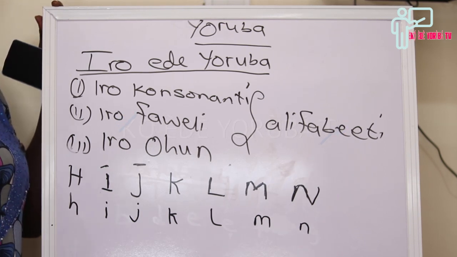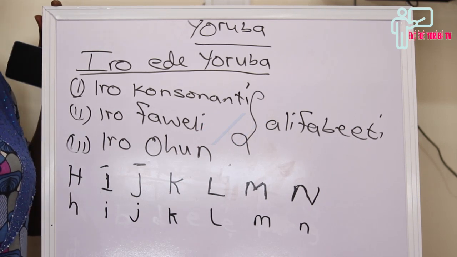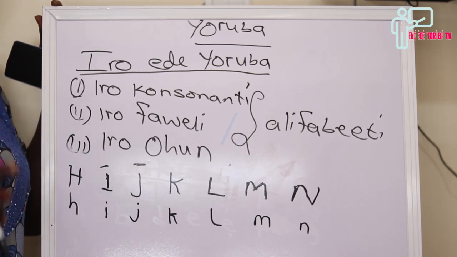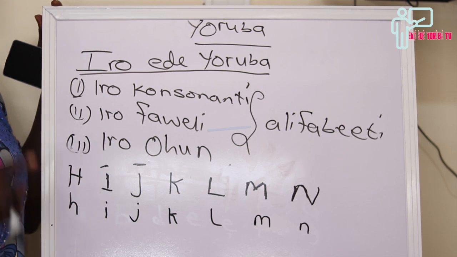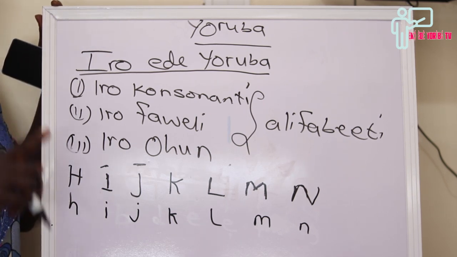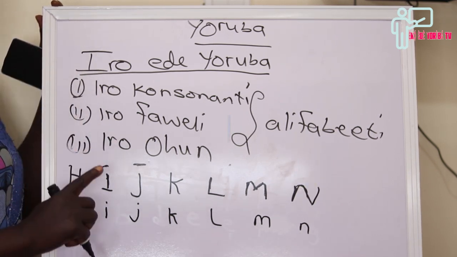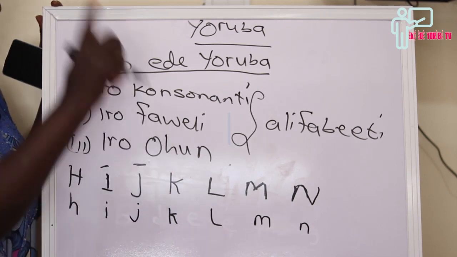Hope you understand. Read it again. A, B, D, E, F, G, B. He, I, Ji, Ki, Li, Mi.